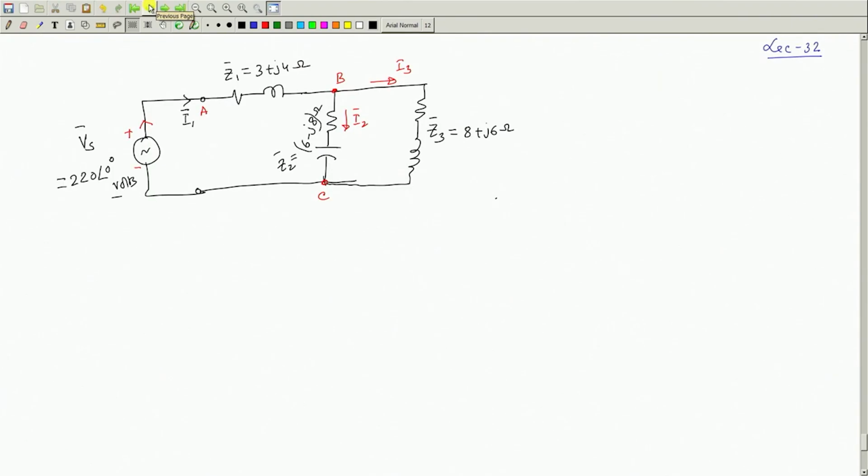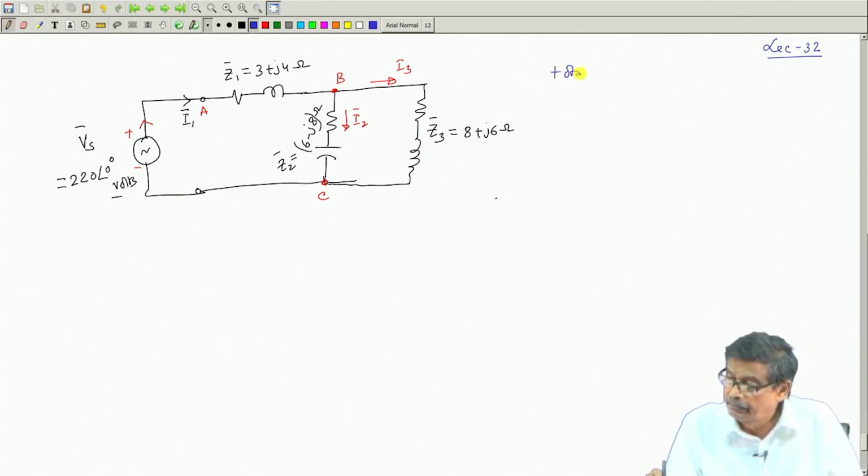Total power, total means complex power supplied by the source.